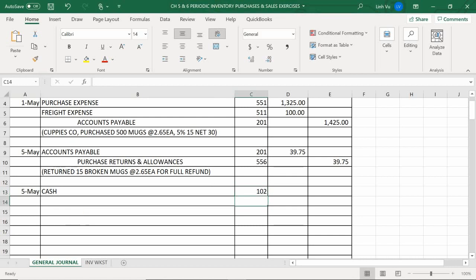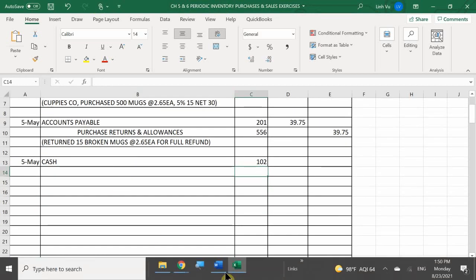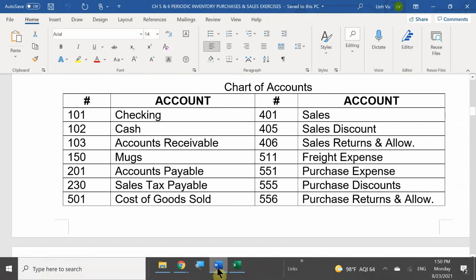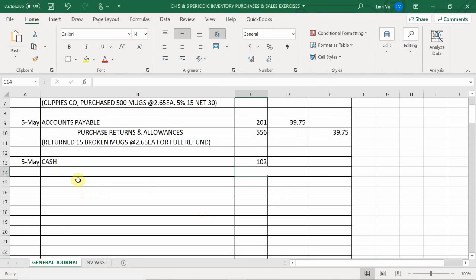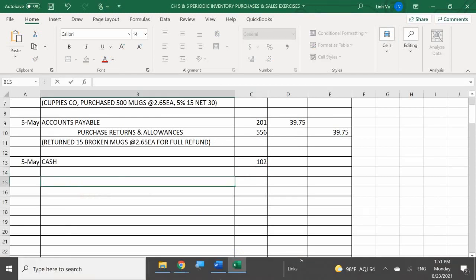What else? Sales. Good. Sales, which is 401. What else? Accounts receivable.